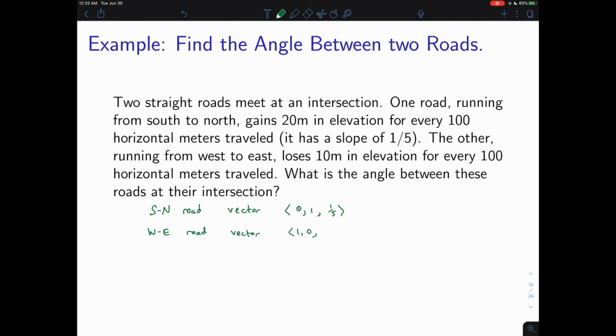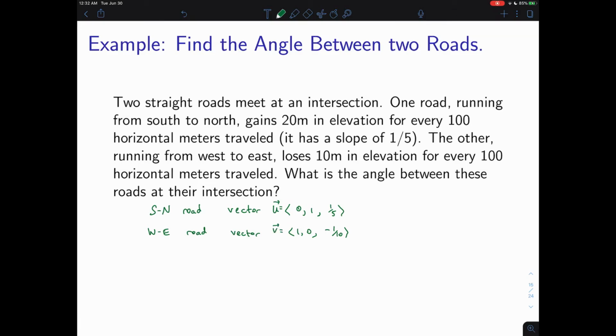That's the horizontal axis. So that should be going 1, 0, but then it has a slope down of -1/10. 10 meters for every 100. So it's just the rise over run. The rise is -10 for every run of 100. All right, so these are the vectors that we want to find the angle between.